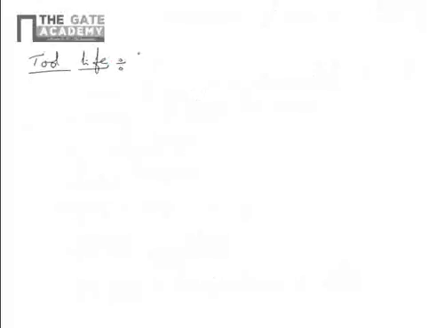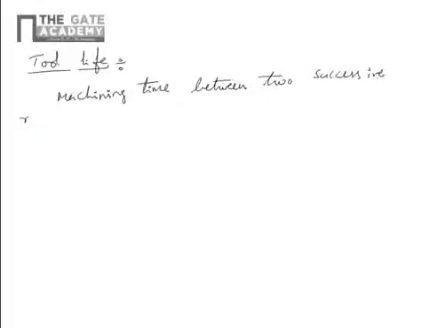Most of the times you will get 2 marks, minimum 4 marks also, linked questions. The actual meaning of tool life is: the actual machining time between two successive regrinds of a cutting tool is called tool life.